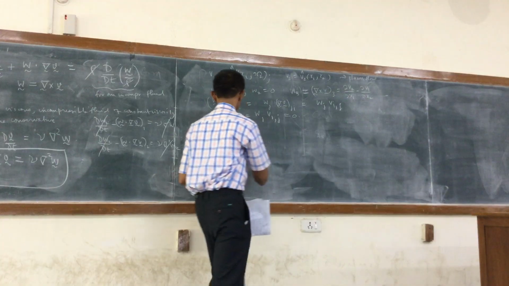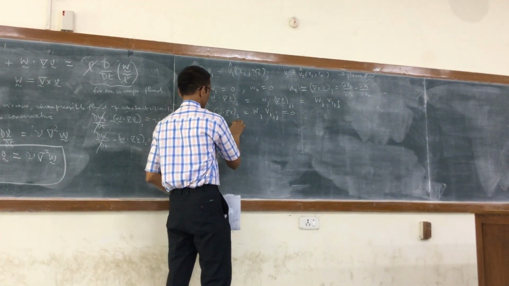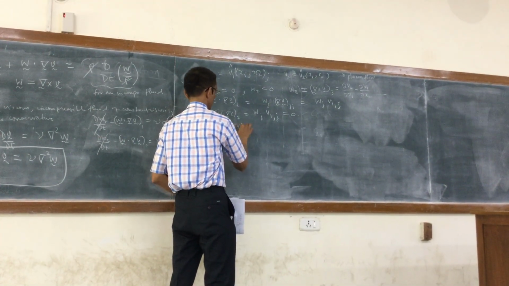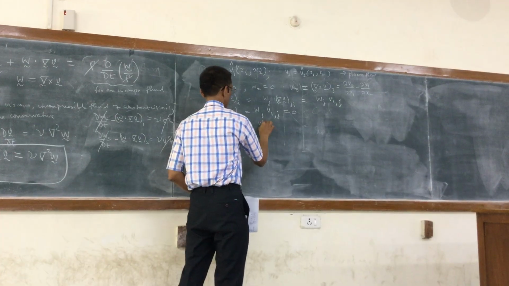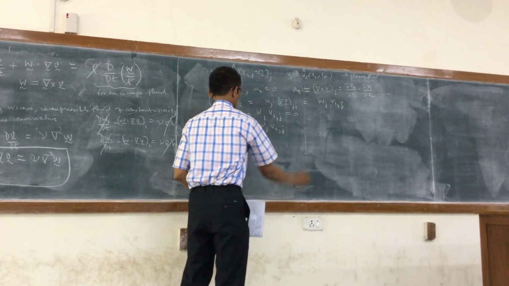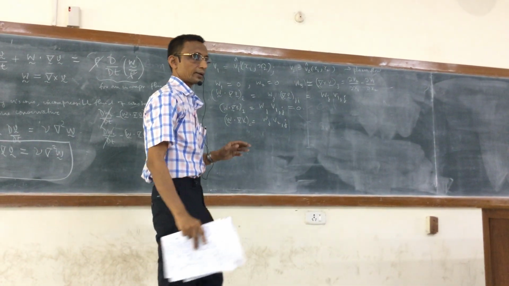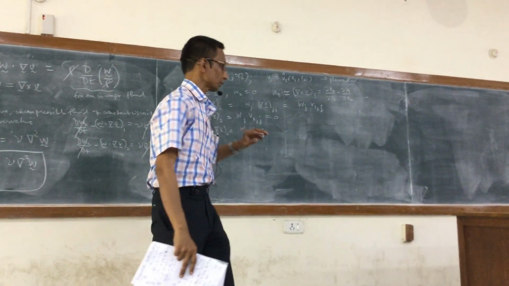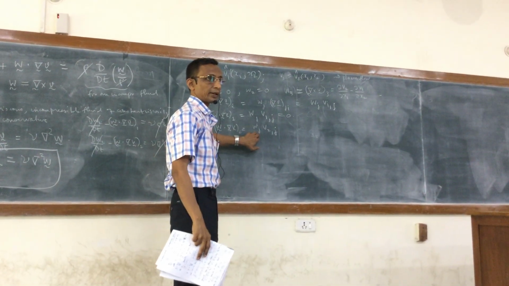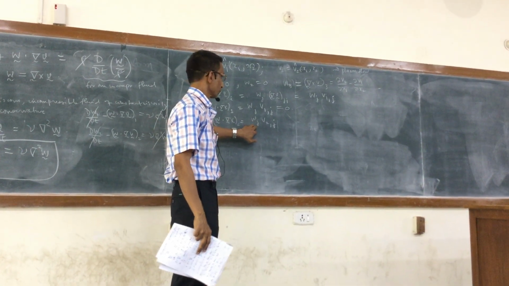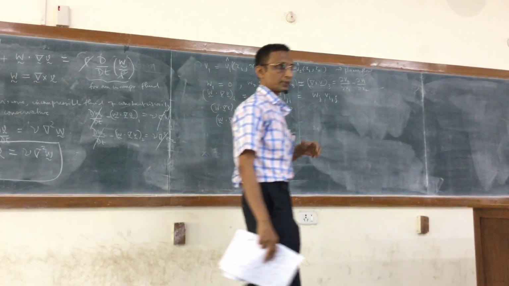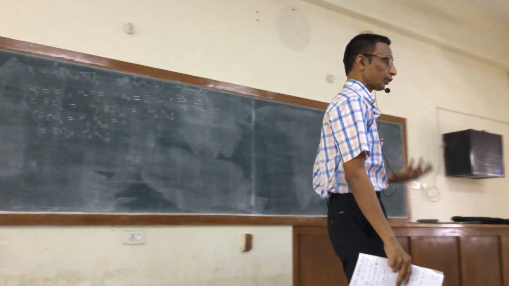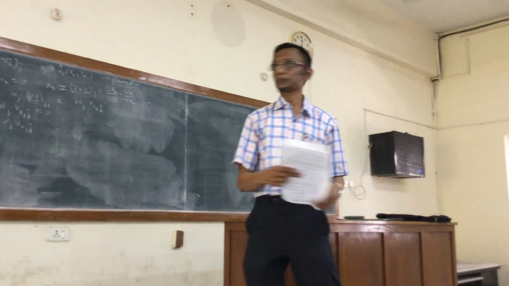This is 0. So what about i equal to 2? Again, W1 and W2 are 0. The only term that we have to look at is j equal to 3. W3 is not 0. v2 comma 3 is dv2 by dx3. That's also 0 for the planar flow that we are considering.